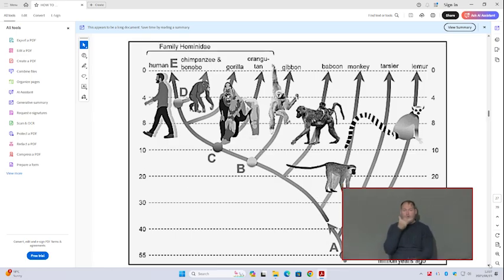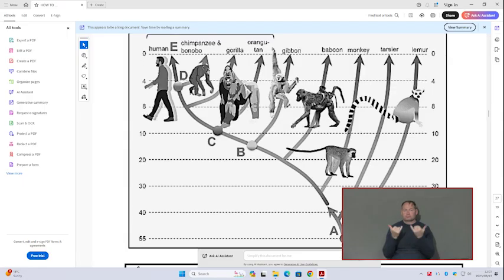If we look at the diagram, we have letter A, B, C, D, and E. If we look at A, we regard it as the common ancestor for all the species that are mentioned above.